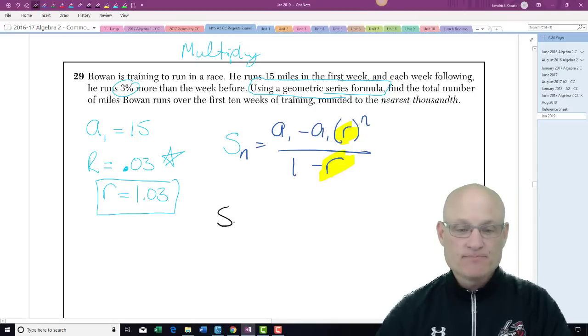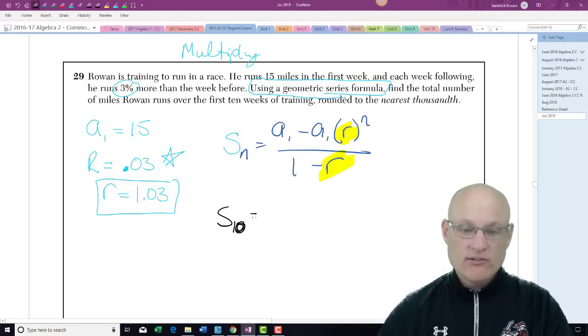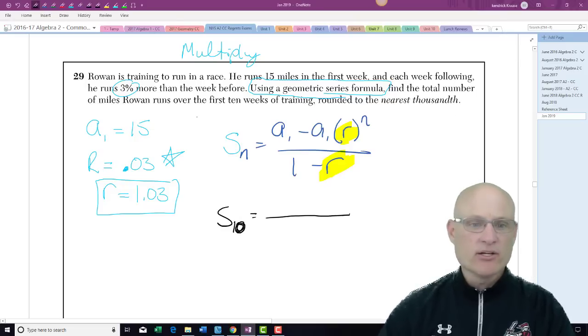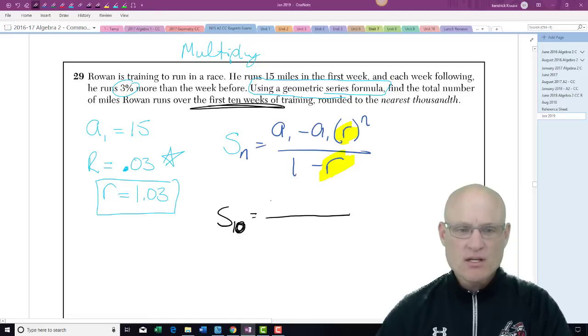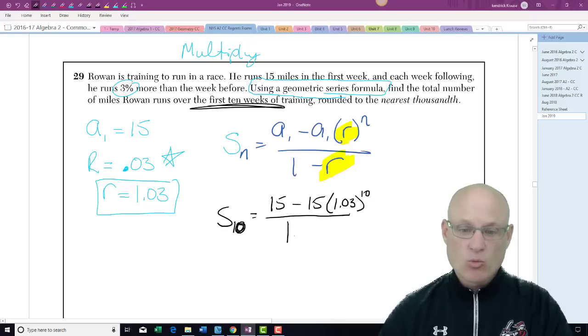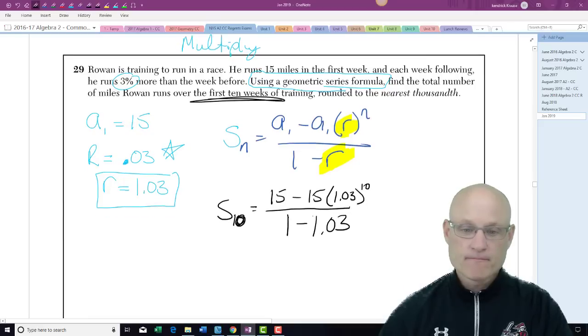So S sub n, in this case S sub 10, is equal to, because they wanted 10 weeks, 15 minus 15 times 1.03 to the 10 all over 1 minus 1.03.